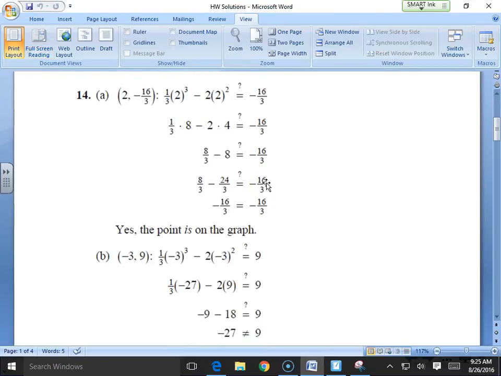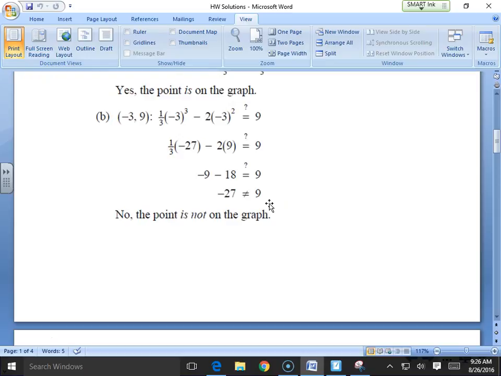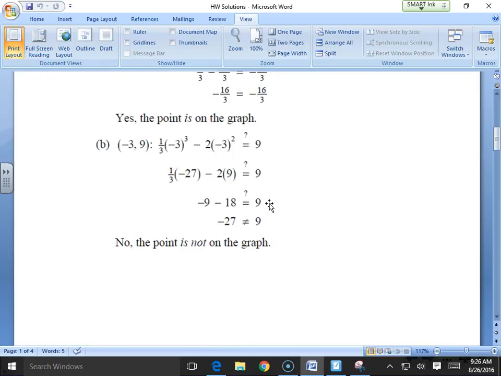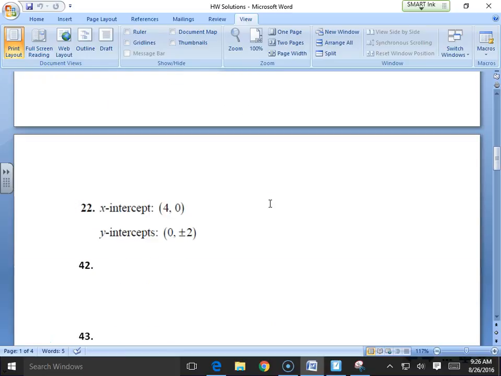Hold on. Number 14. Letter A is a yes, letter B is a no. Why? Letter A had a true statement, and letter B had a false statement. So 14A is yes, it's a solution, and 14B is no, it is not.